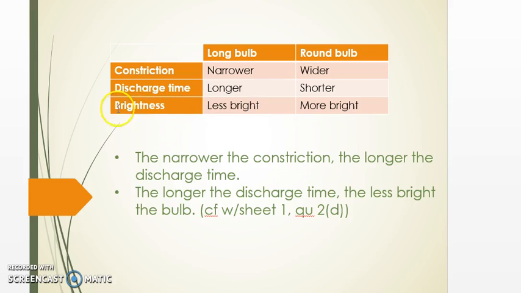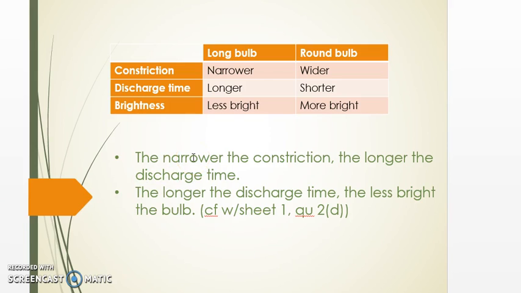But then we get to the interesting one, the brightness. The long bulb is actually less bright than the round bulb. And that, I think, is not so intuitive and will be more challenging to explain to the students.